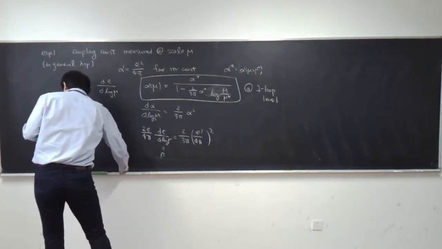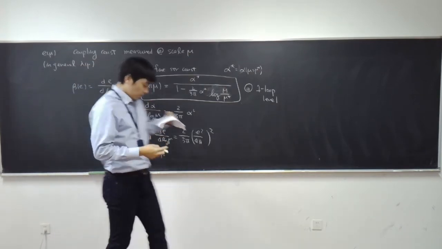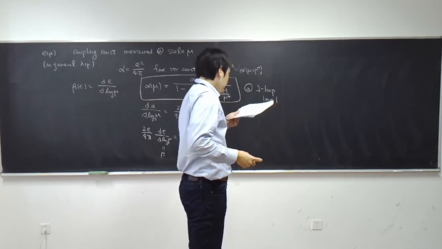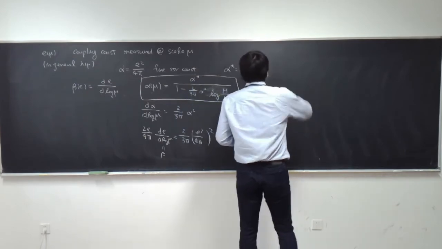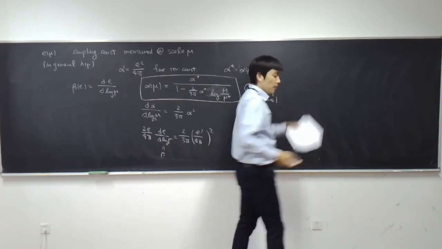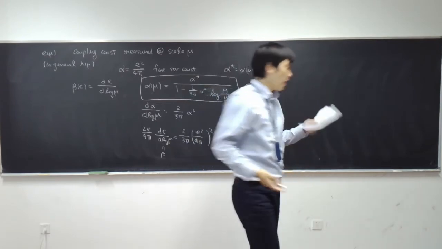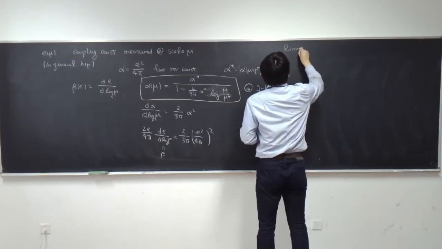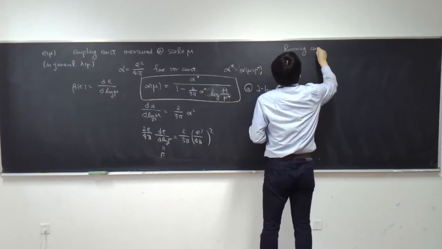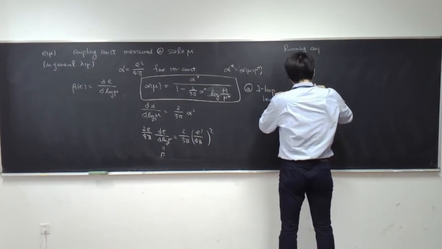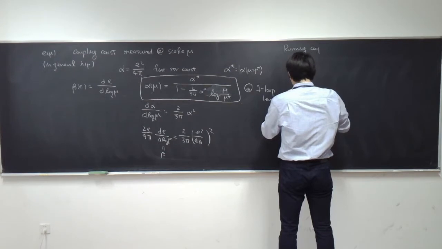So let's talk about how the beta function will tell you how the running coupling constant behaves. So this is the running coupling constant.